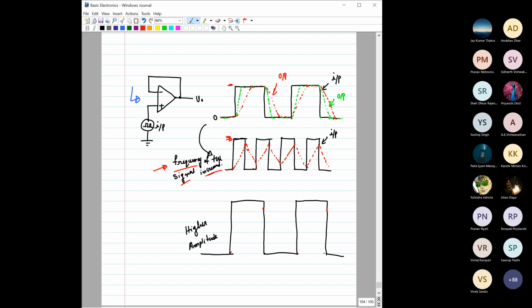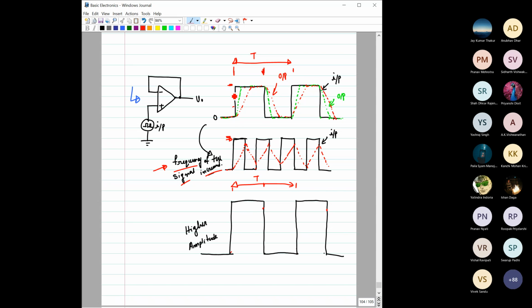Now let us consider another case. Here we will not increase the frequency, we will keep it as it is, so the time period t, from here to here, remains the same. What we are now changing is the amplitude.